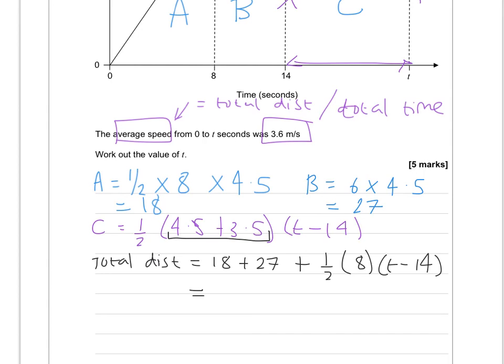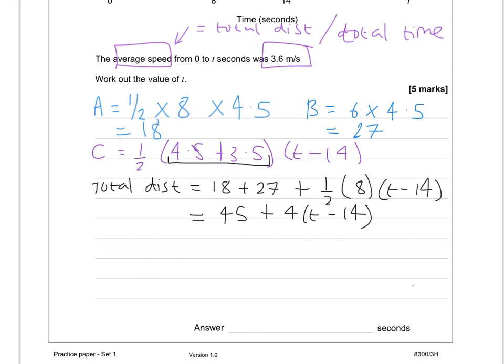This simplifies to 45 plus 4t minus 14. Now we know that the average speed, 3.6, is equal to the total distance, 45 plus 4t subtract 14, divided by the total time of t. And we now have an equation, a simple equation to solve.